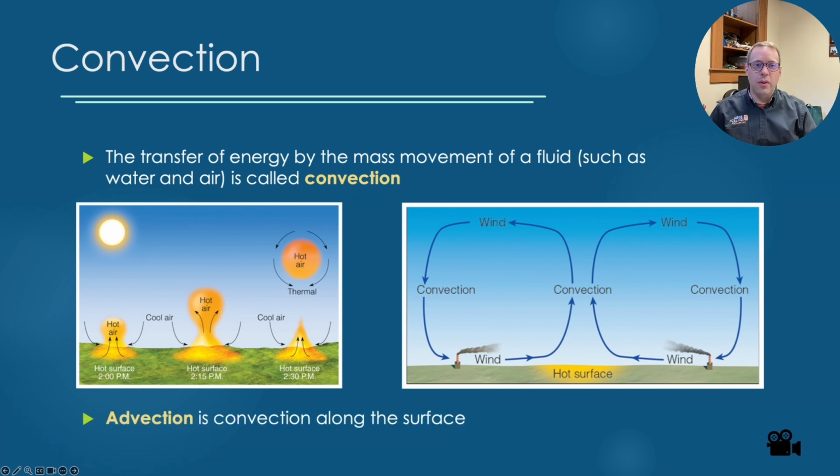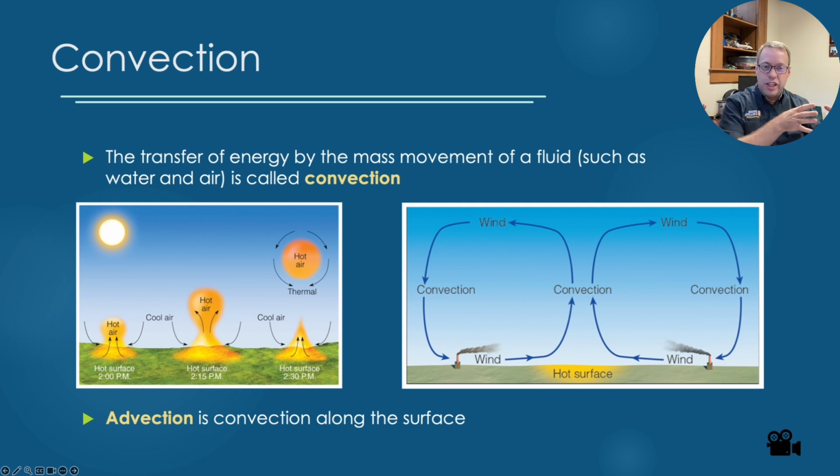In the meantime, though, we have a specific form of convection. Notice in the convection cycle figure on the right that you have a couple of smokestacks and it shows the smoke being blown along the ground. Well, that part of the convection cycle is what we call advection.